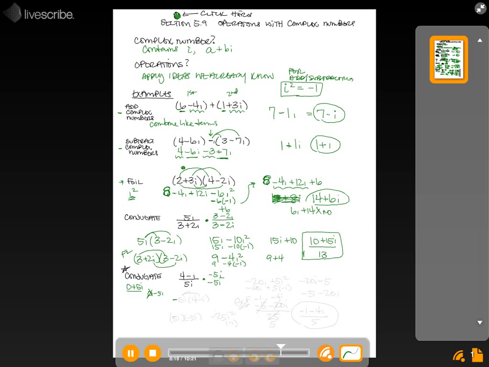So now we've got negative 5i times (4 minus i) for our numerator, and 5i times negative 5i for our denominator. Let's distribute the numerator.